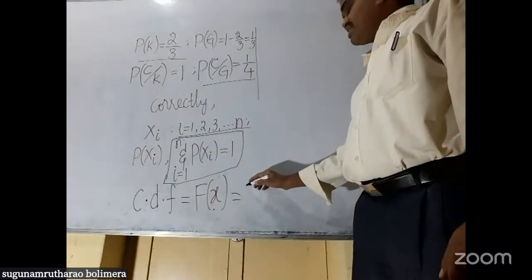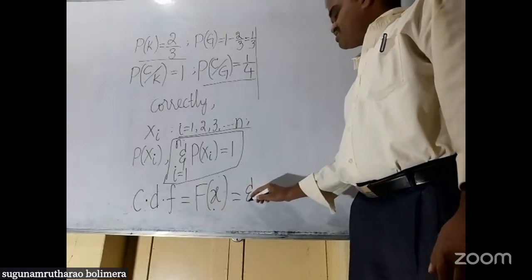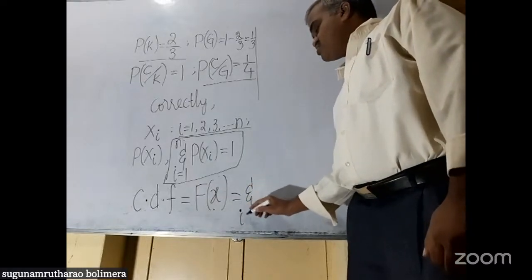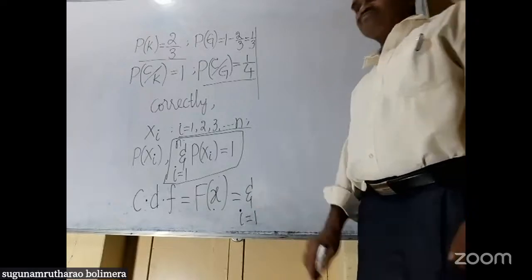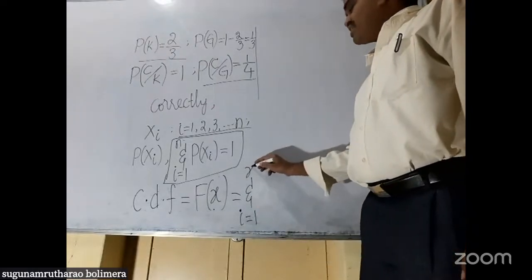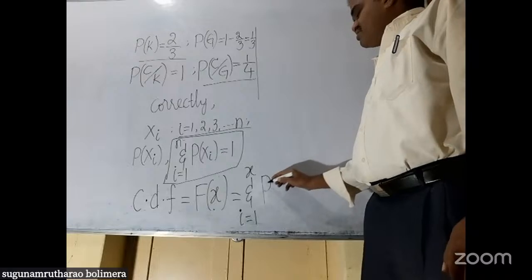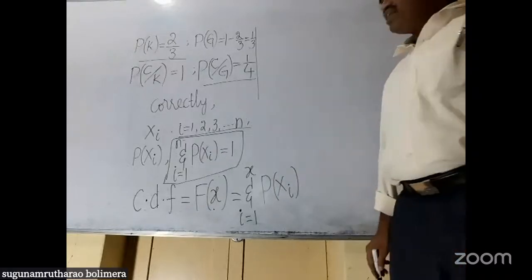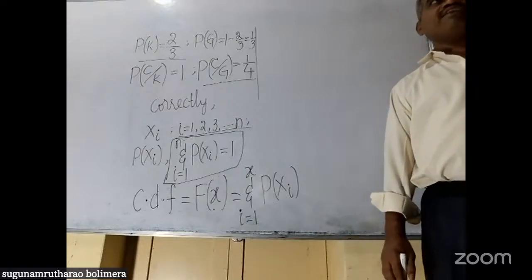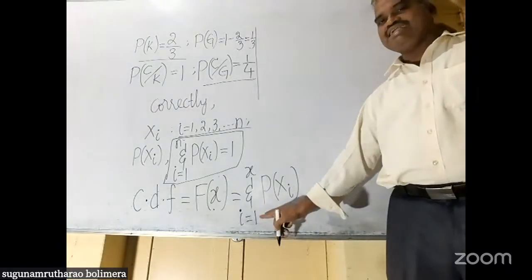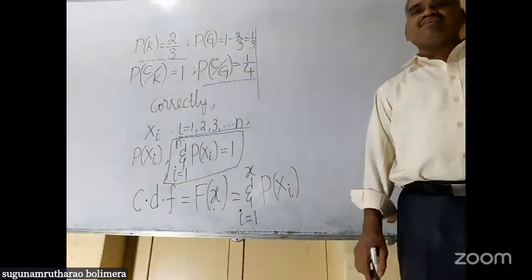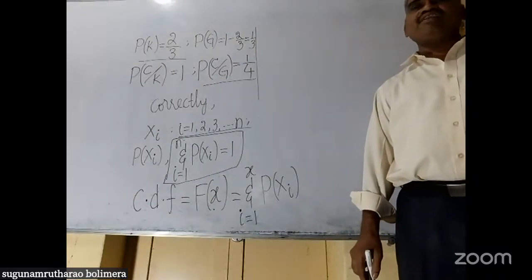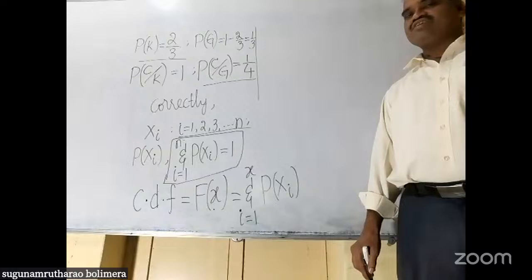That is denoted as summation i equals 1 to x of P of xi. You have to sum all the probabilities from the beginning till x. This is the cumulative distribution function.